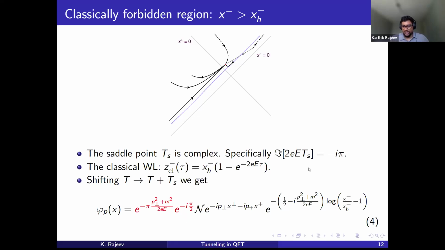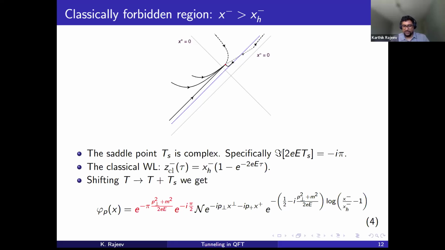Now, this complex saddle point, if you translate it back into some worldline, it gives you a complex worldline. So that's a conventional picture where tunneling is interpreted in terms of complex classical solutions.